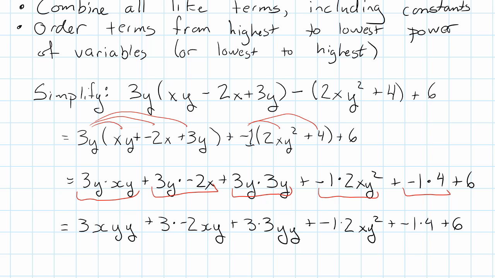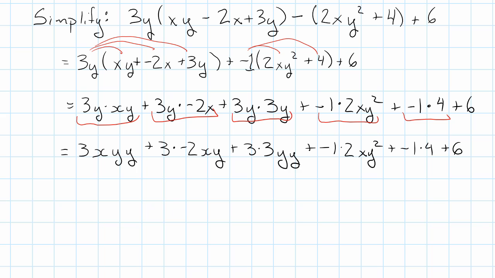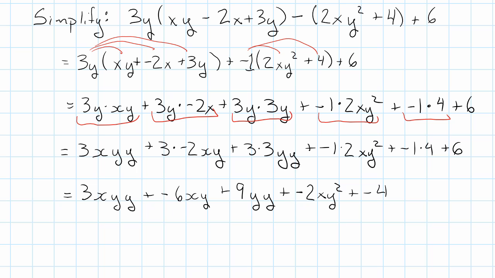Okay, I think my next move should be to do all the multiplication of numbers. So I'll have 3xyy plus 3 times negative 2 is negative 6xy, plus 3 times 3 is 9yy, plus negative 1 times 2 is negative 2xy squared, plus negative 1 times 4 is negative 4, plus 6.